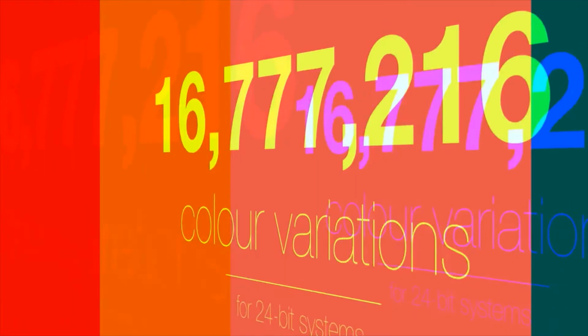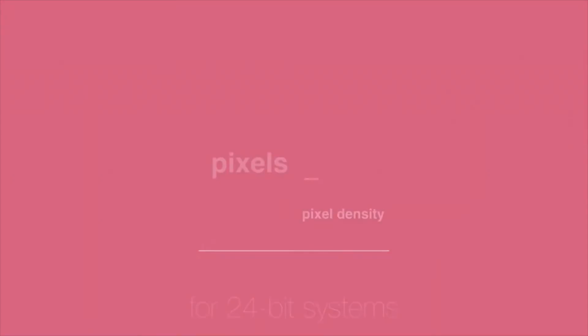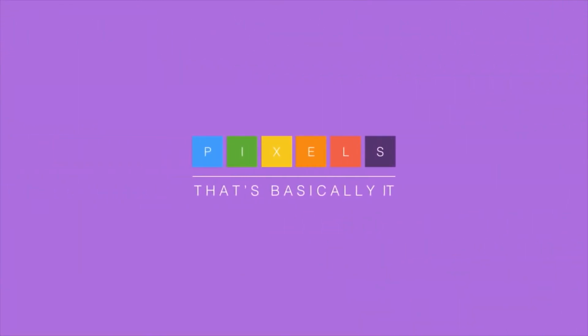If the color of a pixel should be purple, then only the red and blue lights will be lit. From your viewing distance, the pixel will look purple. And with just these 3 colors, each pixel can generate over 16 million distinguishable color variations. Truth be told, there is a lot more to pixels than mentioned here. Those were just the basics, but it's quite impressive for such a tiny thing, don't you think?